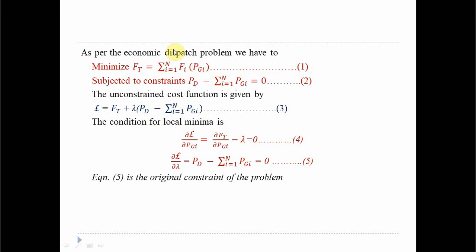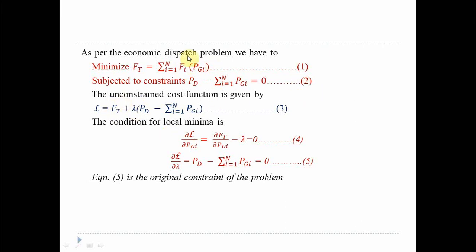Now coming to the economic dispatch problem, I have told you we have to minimize this function subject to the constraint Pd minus summation i equal to 1 to n Pgi is equal to 0. So you have an objective function and there is an equality constraint. This is a constrained optimization problem. Now you have to convert it into an unconstrained optimization problem, or unconstrained objective function, by using Lagrange's multiplier lambda.